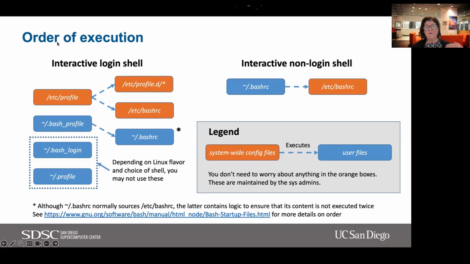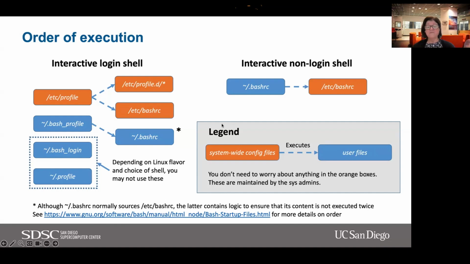So there's some order of execution, the order in which things get done. When you first come on, the system-wide files just happen without you doing anything, and the sysadmin people and user support people work really hard to make these work and launch the right environment for the HPC system that you're on.